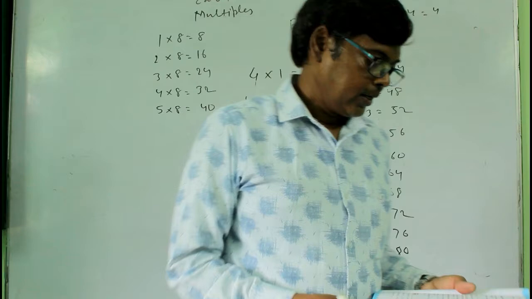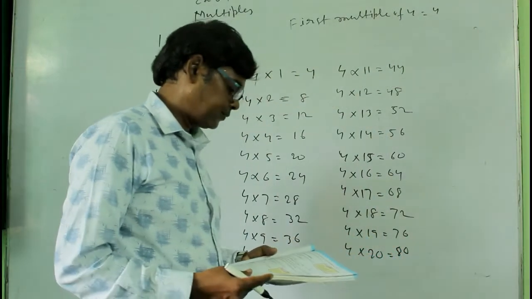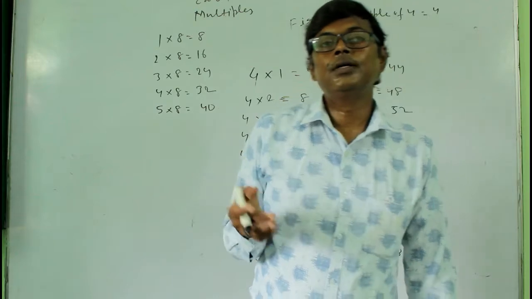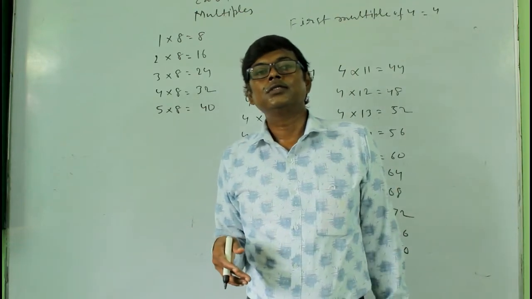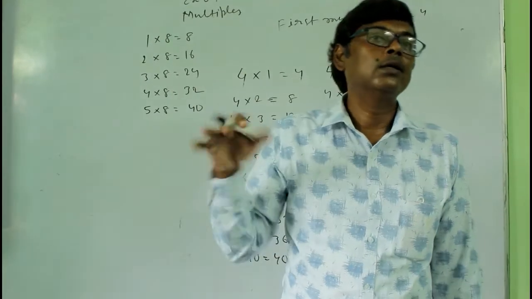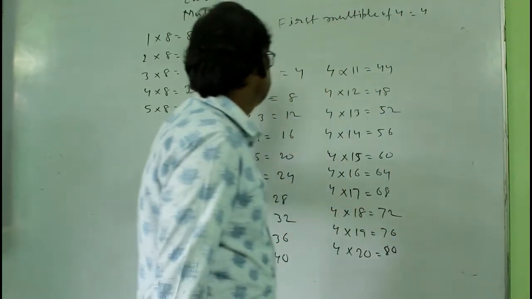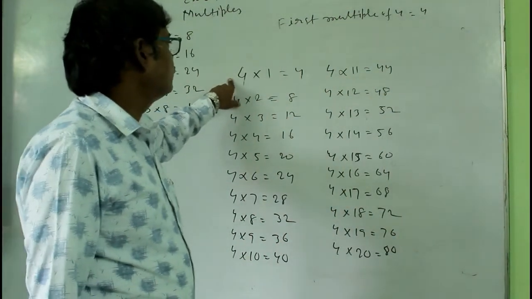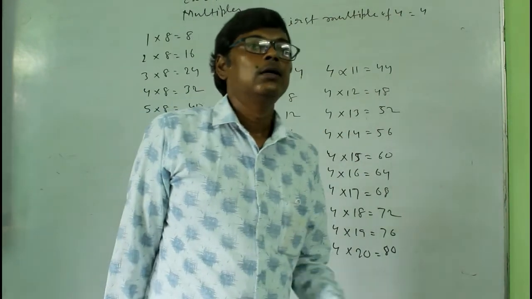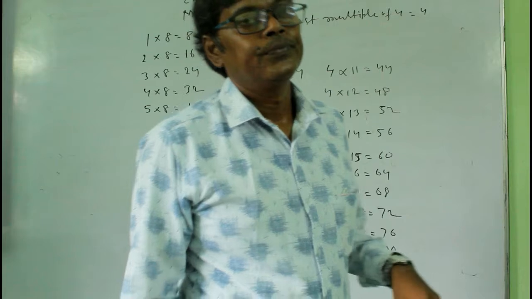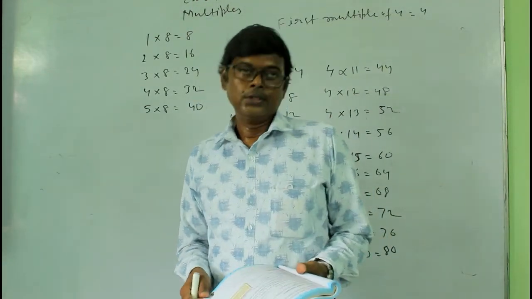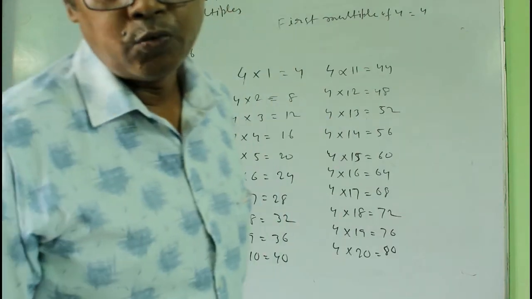Now, for any given number, the multiple is either equal to the given number or larger than the given number. For example, in case of 4, the first multiple of 4 is 4, but all the other multiples are larger than 4. So this is also a property of multiples. Now the exercise 6.1.